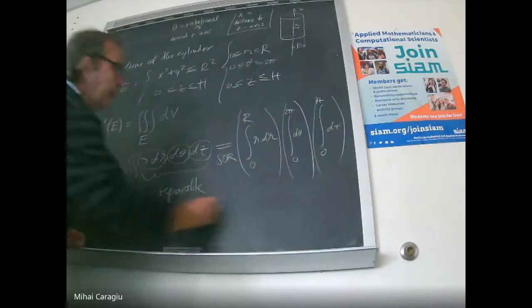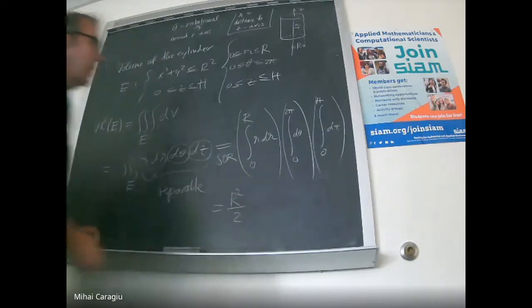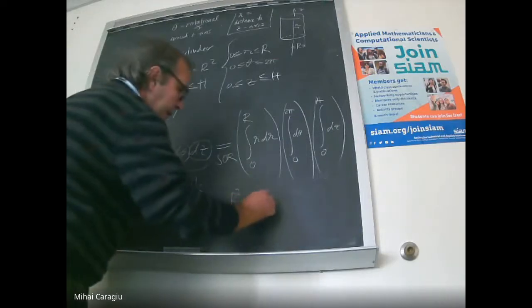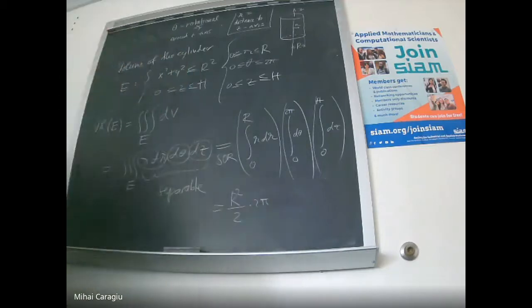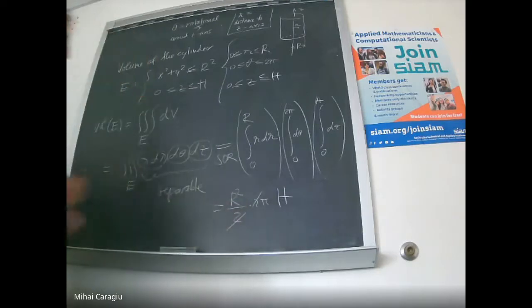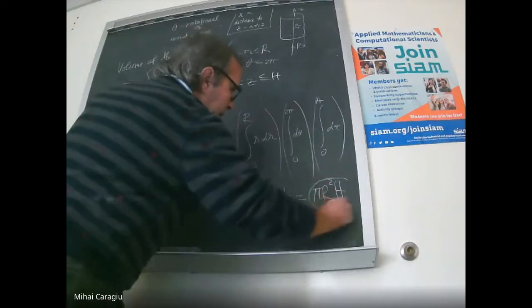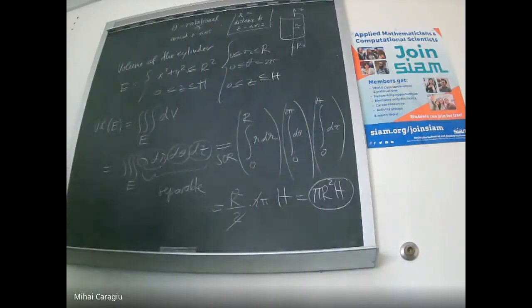And this will be capital R squared over 2 times 2 pi times h, simplified to pi R squared h. So we rediscover the wheel, so to say: the area of the base times height. Just to start with, so we see this works.